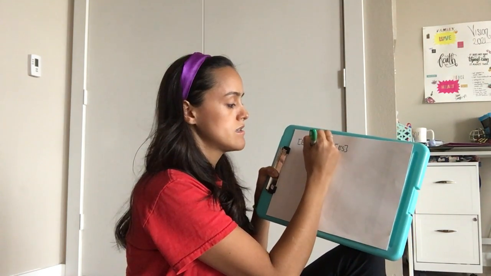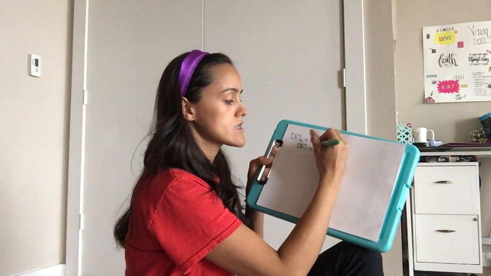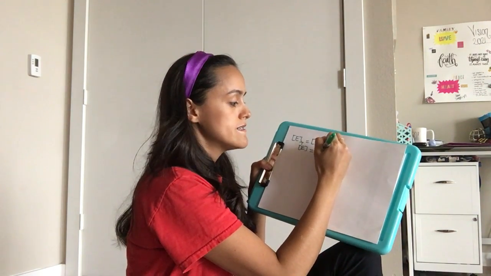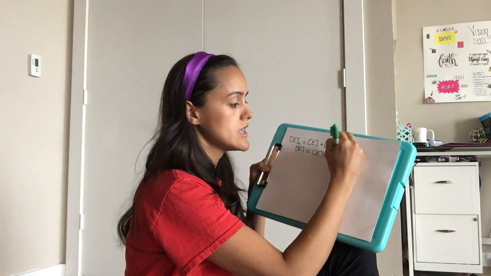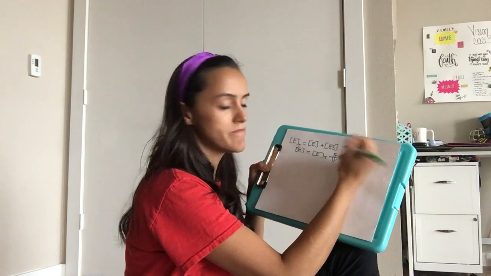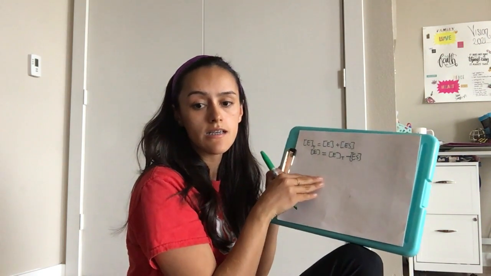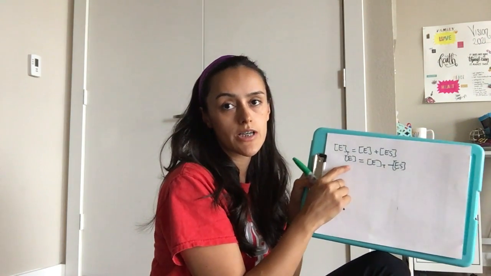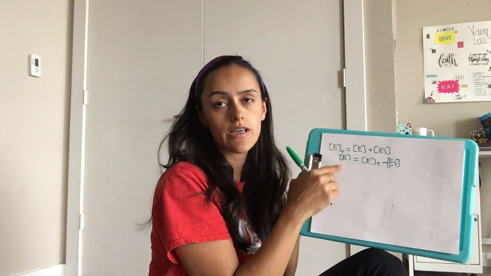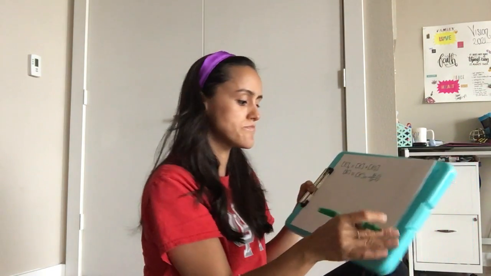We factor the terms, and this E is going to equal E total minus the ES complex. We subtract it, and this is how we get the unbound concentration of enzyme.